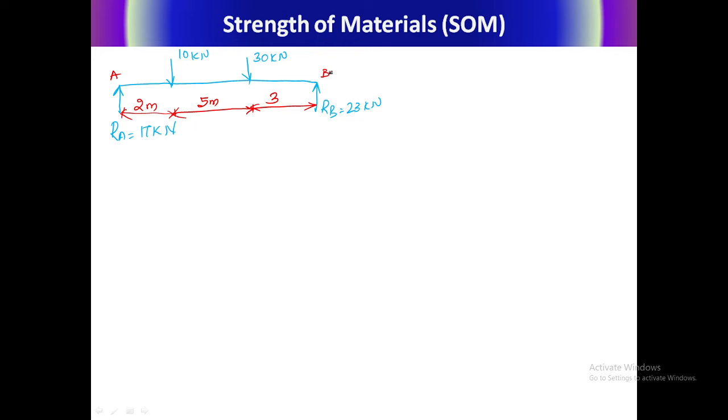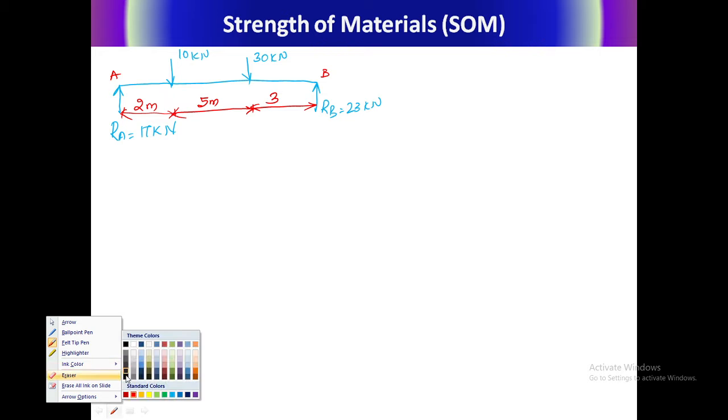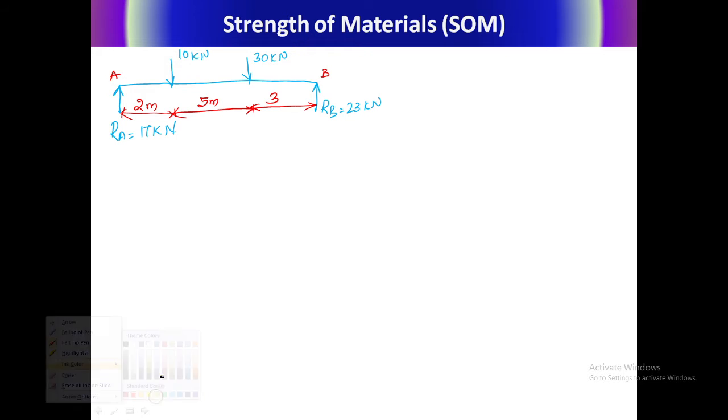Now, if you consider some portion of the beam, let us take an example. I will take one small section here. This is our left hand side, this is our right hand side. What is the effect of load on the left hand side?